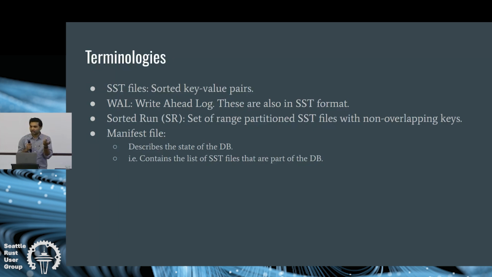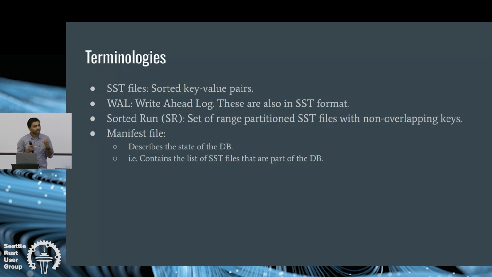Two important metadata that are there in the SST files are the Bloom filter and the first key. There is a little bit more than that. And then there is a terminology called write ahead log that's used. It uses the same format as SST. I'll share more in the upcoming slides. After that, there is the sorted run. It is a set of SST files, and each of the SST files has non-overlapping keys.